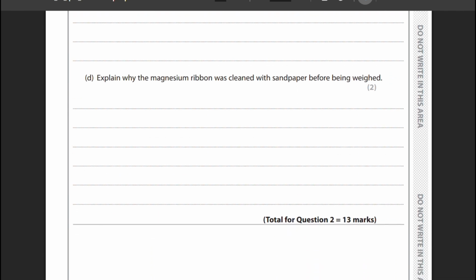Now explain why the magnesium ribbon was cleaned with sandpaper before weighing. I have already discussed the reason, and I was reading the question. To remove the magnesium oxide layer basically.